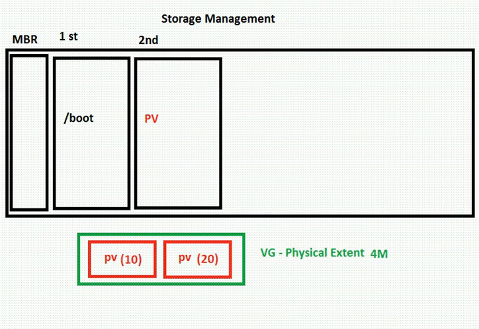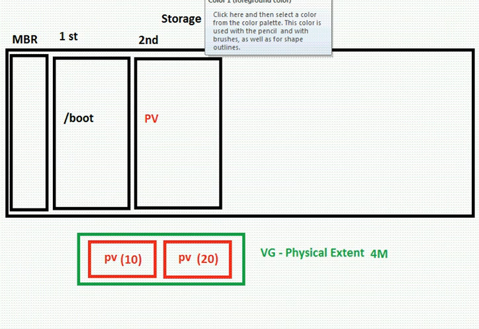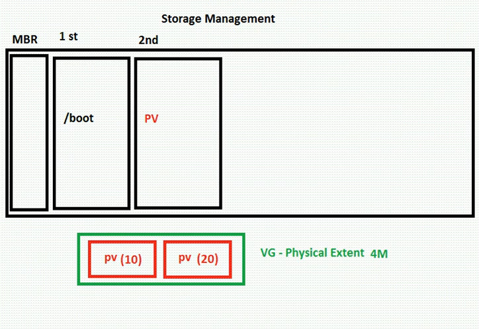But that is the concept of a physical extent: the PE is a smaller unit of division of the volume group. And this PE is going to help us create the next step, which is called a logical volume, the LV.